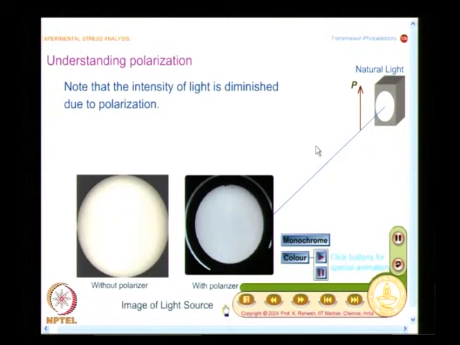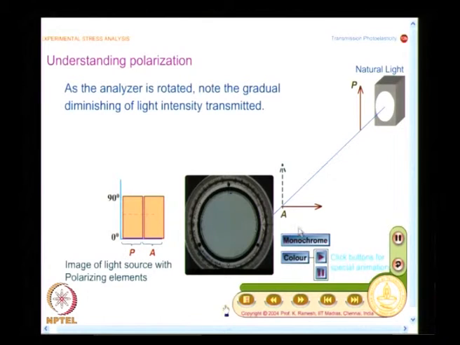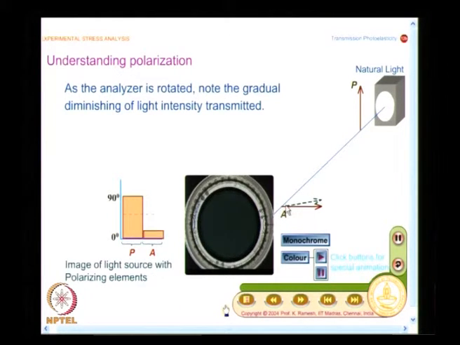I introduce another element, which is physically the same and kept at different orientations. When I rotate this element, the intensity progressively diminishes, and when its axis becomes horizontal, that is perpendicular to the polarizing axis, the light that comes out of the polarizer is completely cut off by the analyzer.